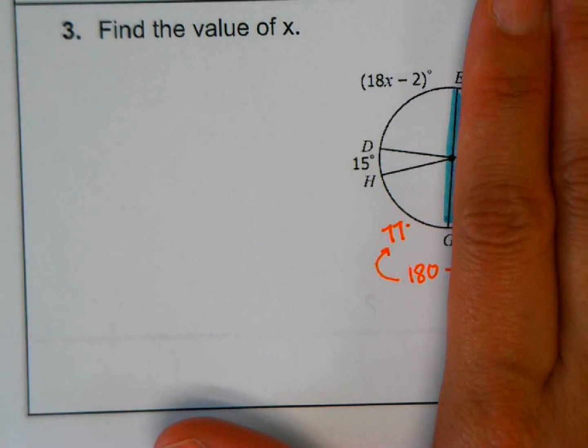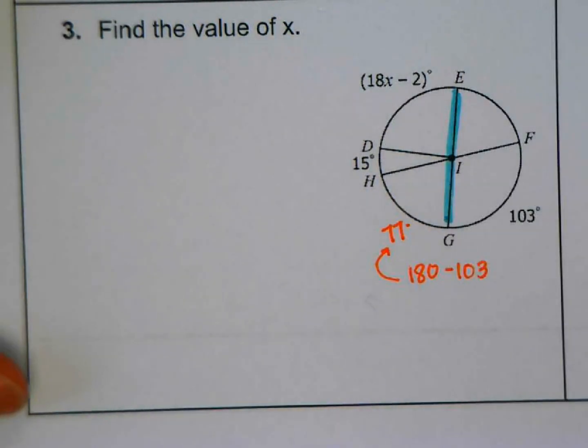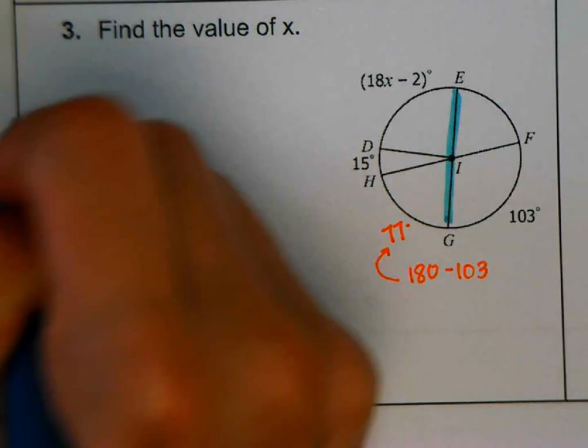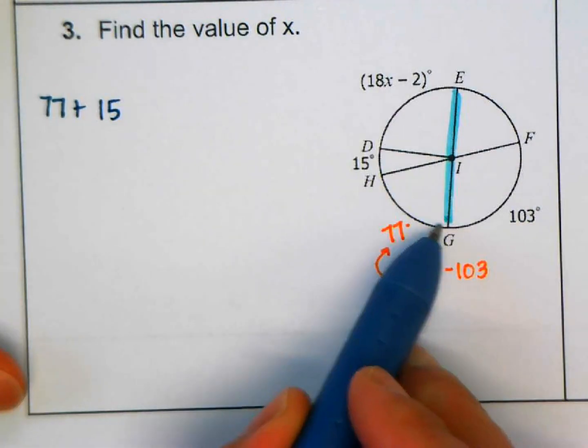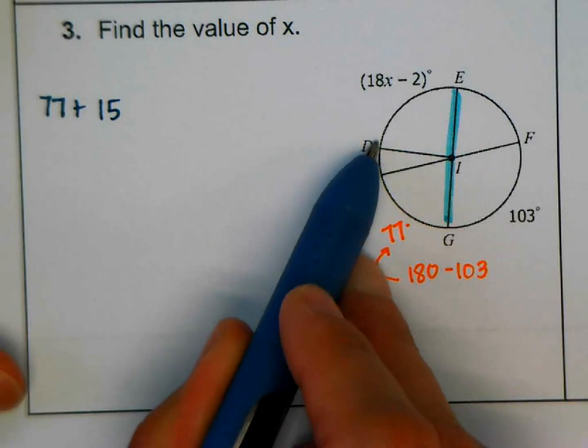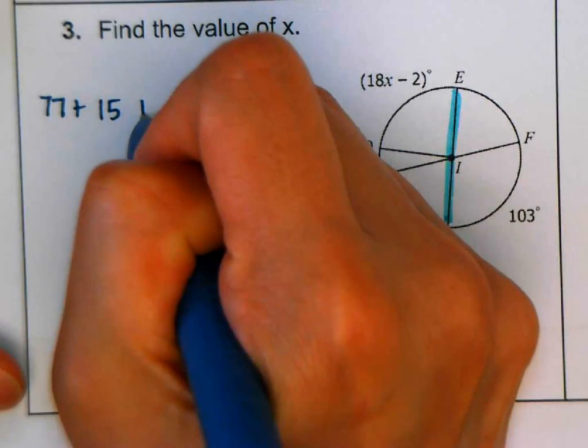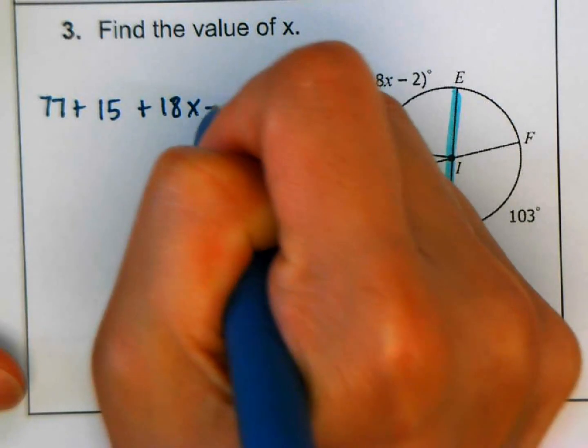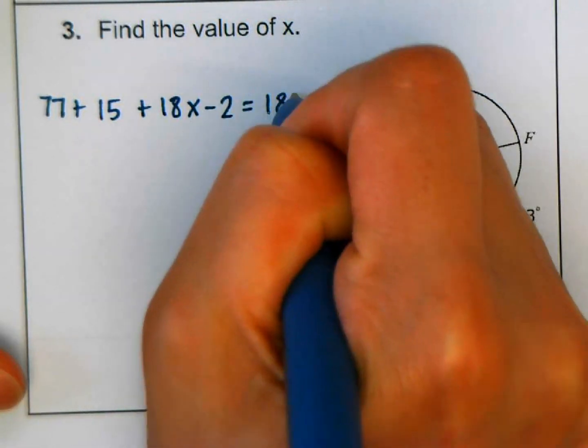Because this is half a circle. 180. Yeah, they should all add up to 180. So I can do 77 plus 15 plus 18x minus 2 is equal to 180, which is a semicircle.